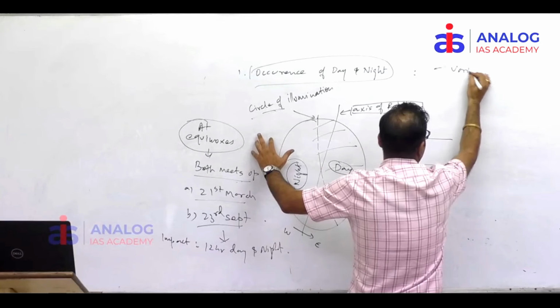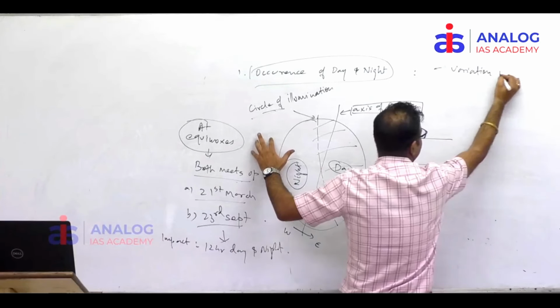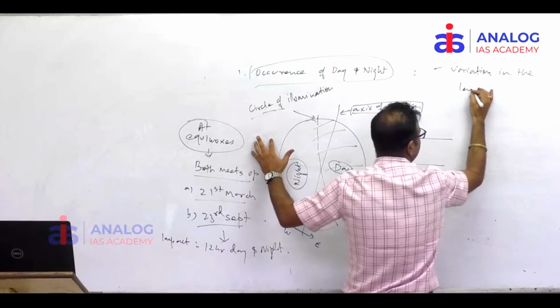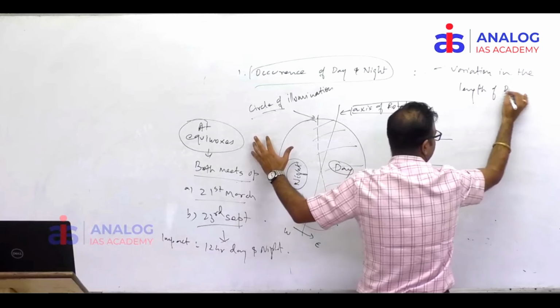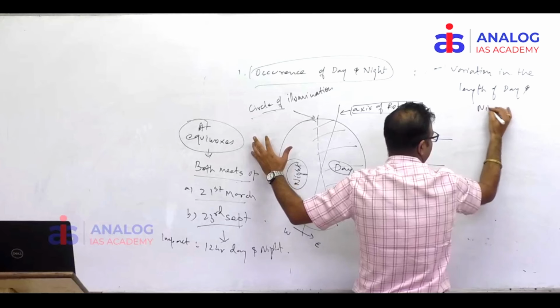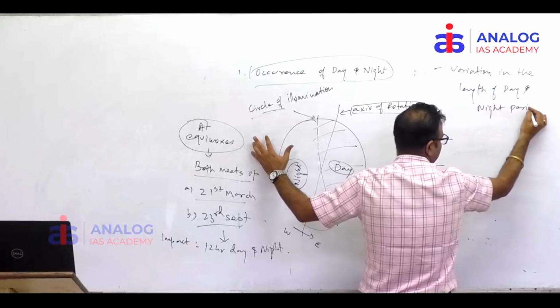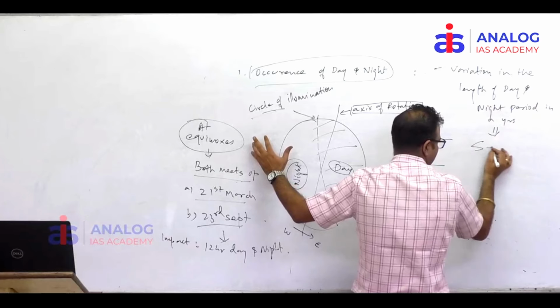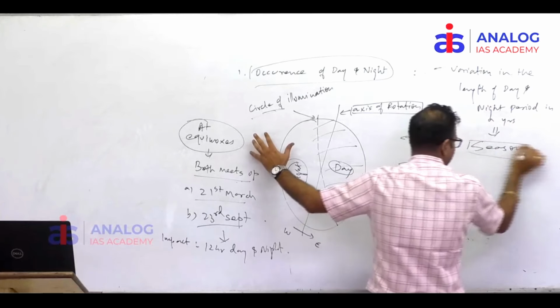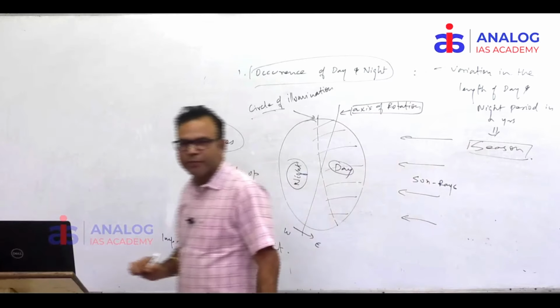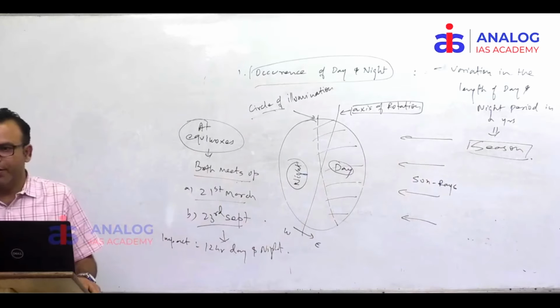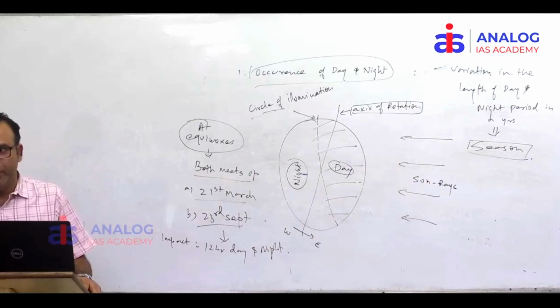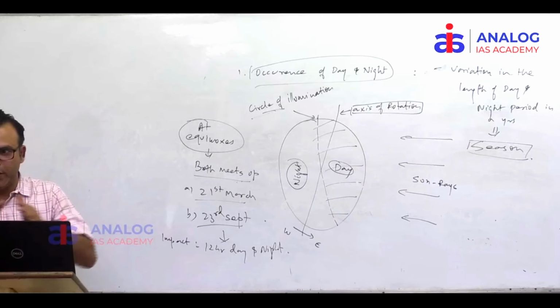Variation in the length of day and night period in a year is nothing but which concept? That is season. In summers the days are longer, in winters the days are shorter and nights are longer.